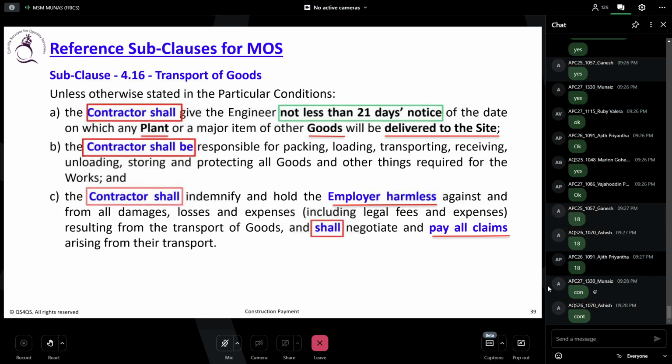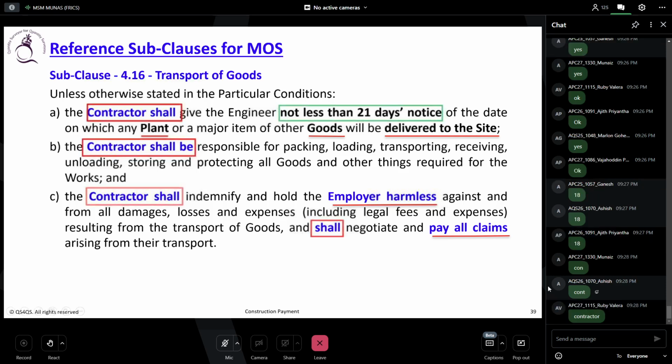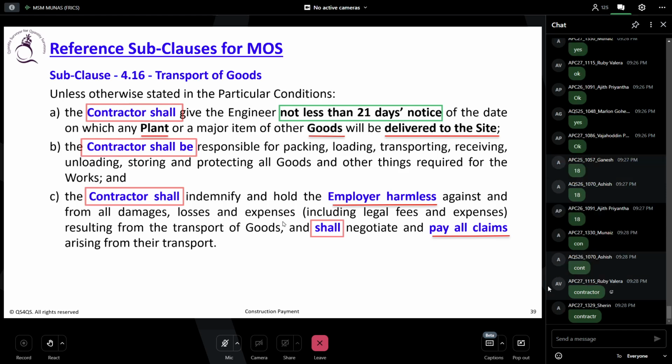You can't go and ask for the money from the employer, right? That's what it says: hold the employer harmless. Against all damages, losses, and expenses, including legal fees or expenses resulting from the transport of goods, and shall negotiate and pay claims arising from their transport.